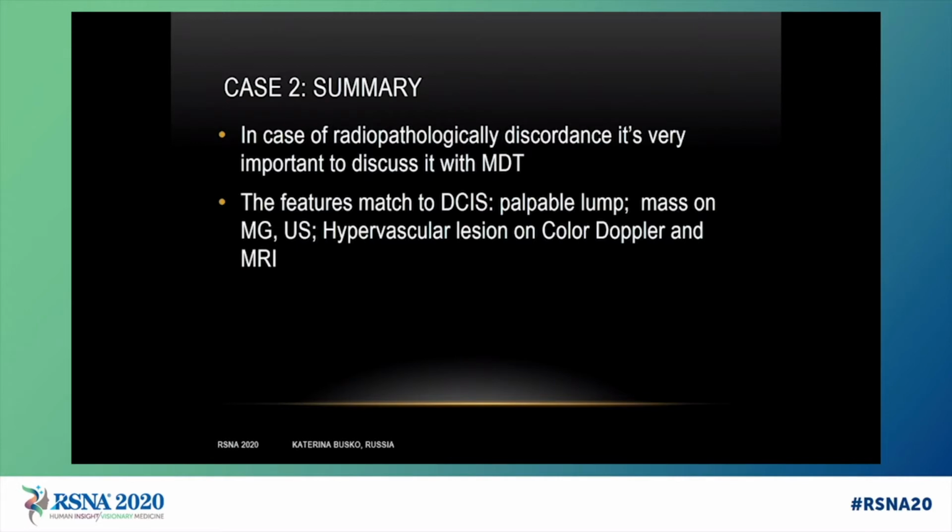In case of radiopathological discordance, it's very important to discuss it with MDT. The features match DCIS. It is a palpable lump, mass on mammogram, mass on ultrasound, and hypovascular lesion on color Doppler and MRI, and also contrast enhancement ultrasound.